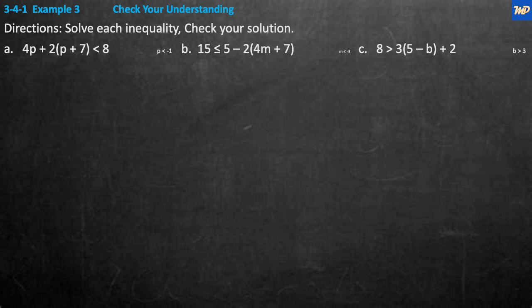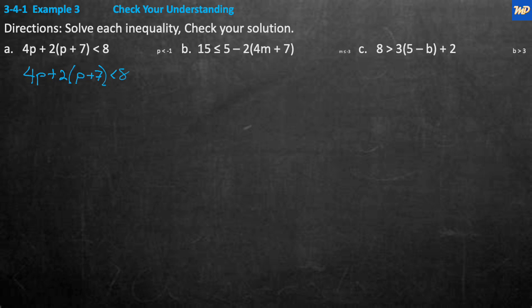Okay, now that you're back, let's go ahead and do problem A, the one I read. So I'm going to rewrite it. 4p plus 2 times the quantity p plus 7 is less than 8. Okay, so first thing we have to do is clear the distributive property. The parentheses have to be taken care of, right?